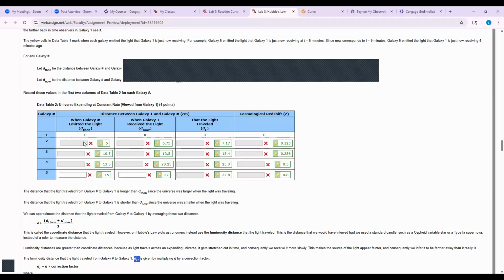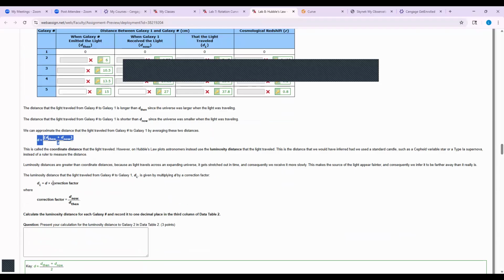Therefore, we just add these two together, 6 plus 6.75 divided by 2, which is one number that you don't see here, but that's the number we calculate first. Then you multiply it by the correction factor. The correction factor is going to be d now divided by d then.